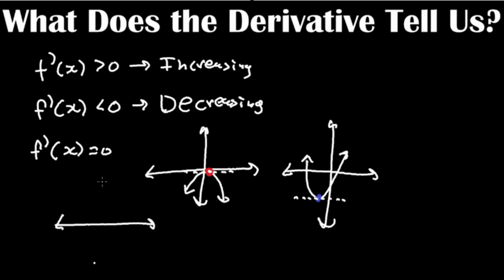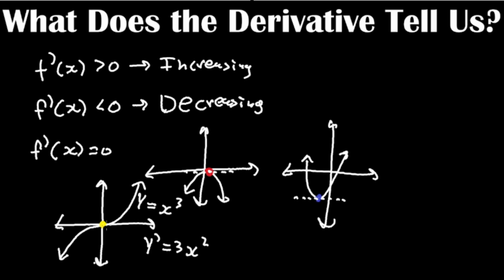It can be that your first derivative is 0, but you don't necessarily have a max or min. Like here, with y equals x cubed, your first derivative is equal to 0 at 0 because your first derivative is just 3x squared. But if you notice, it does not reach a maximum or minimum at that point.